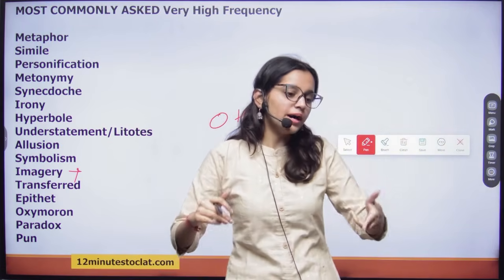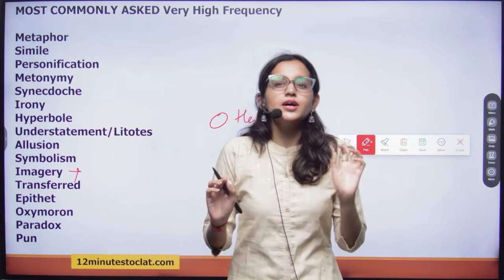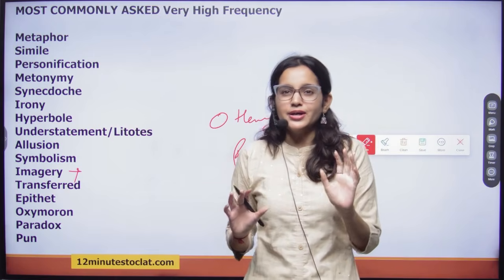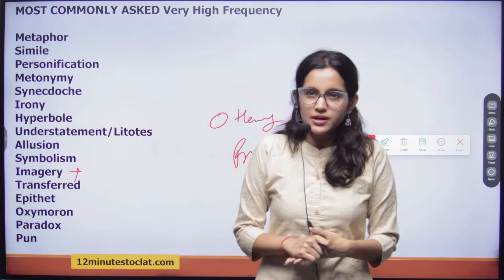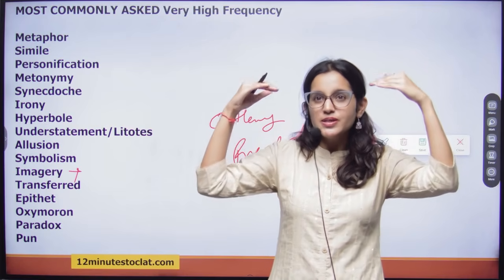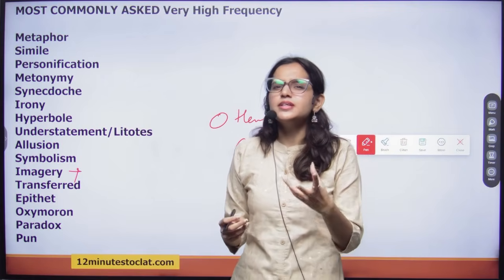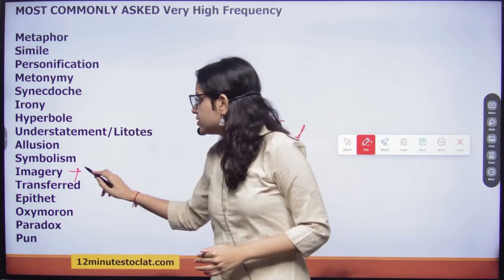For example, I say, oh, yesterday I saw a girl, she was wearing a black dress, a red scarf, and she had wavy hair with white pearl earrings. So when I say this, you can actually picture a woman like that in your head. So whenever I use these strong words, descriptions, this is called imagery.